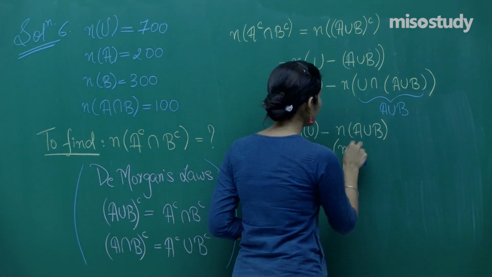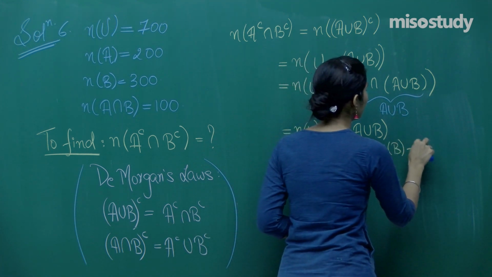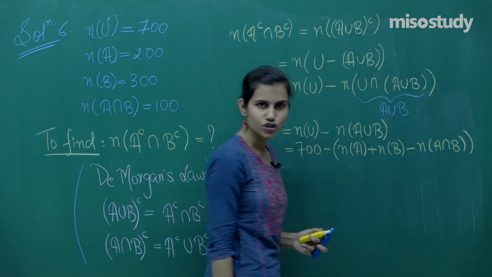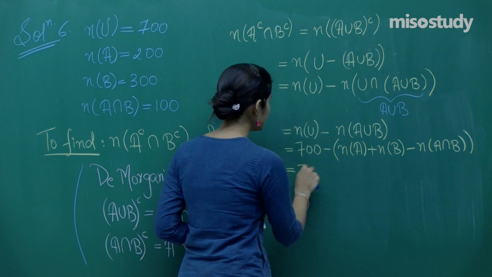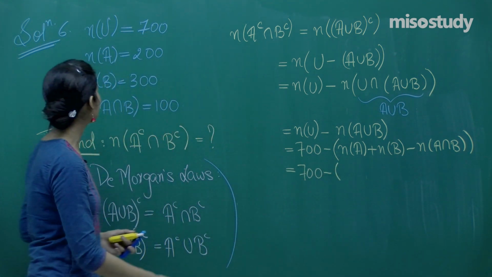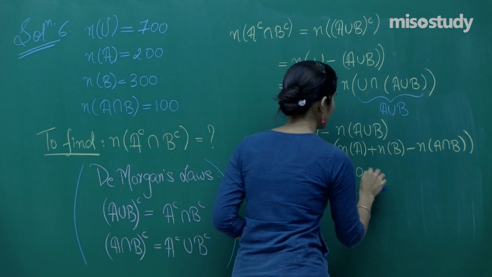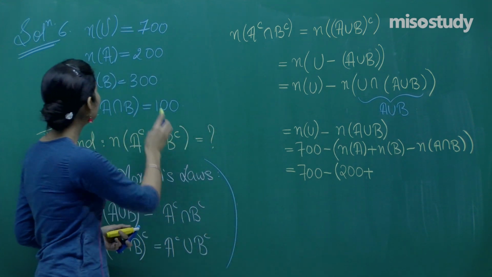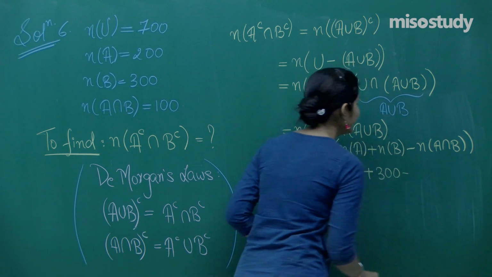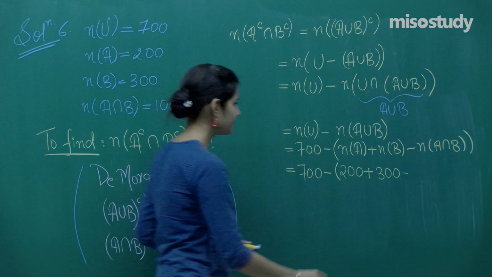It is number of members in A plus number of members in B minus number of members in A intersection B. The number becomes 700 minus, what is number of members in A? 200 plus number of members in B? 300 minus number of members in A intersection B, which is 100.